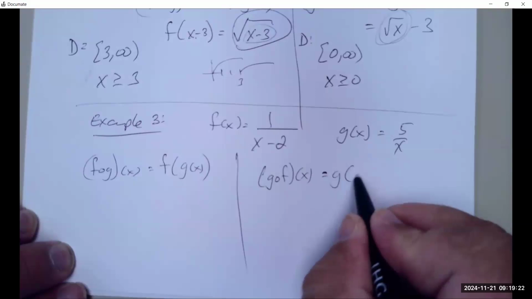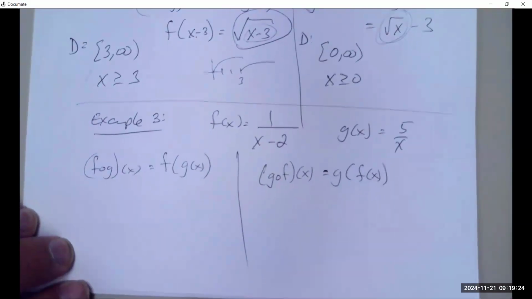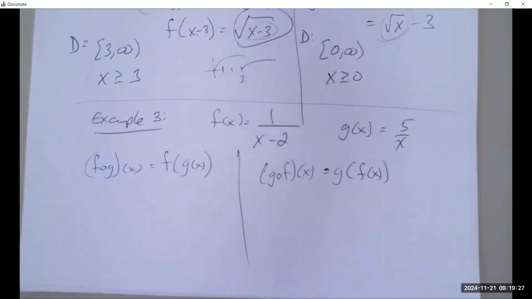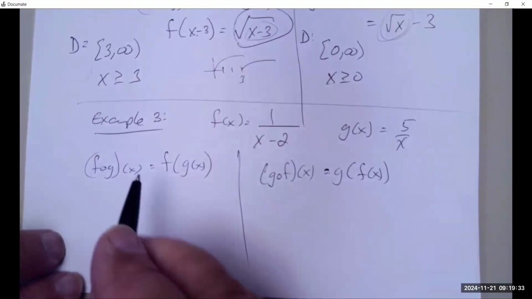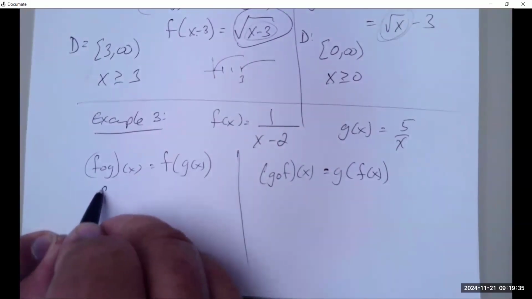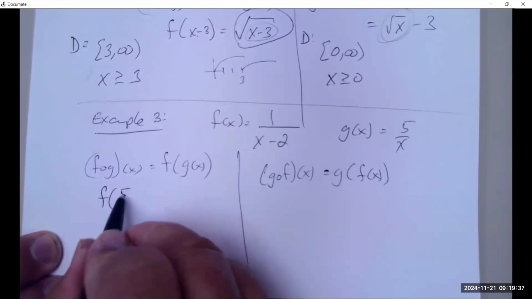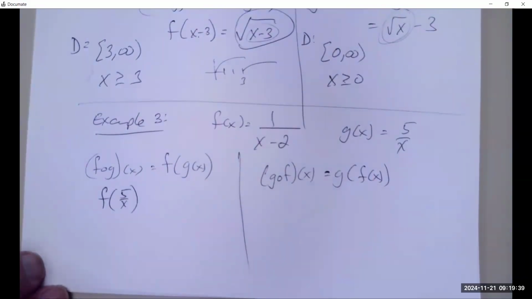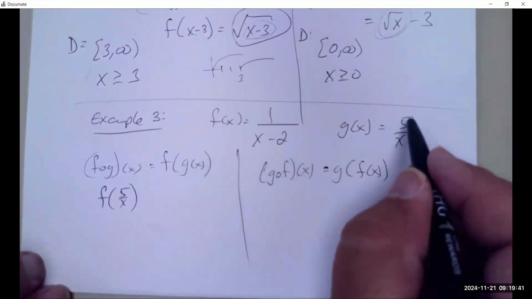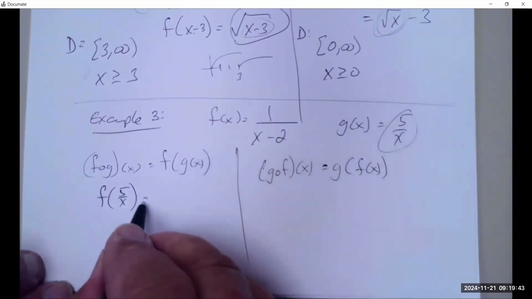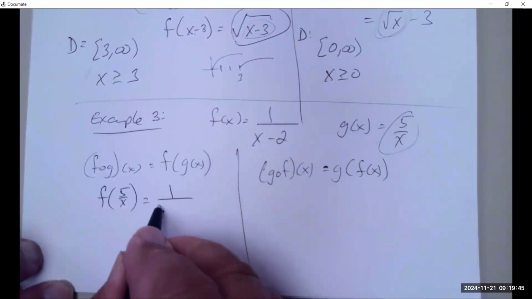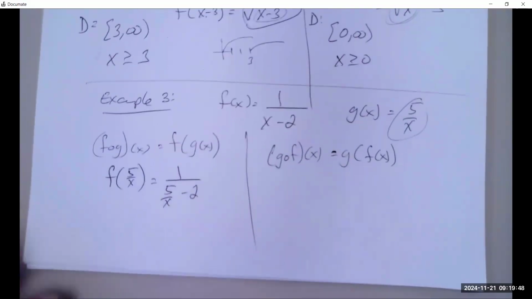This is g of f of x. So g of x is 5 over x. I plug that in any x I see in my function f. So it's 5 over x minus 2.